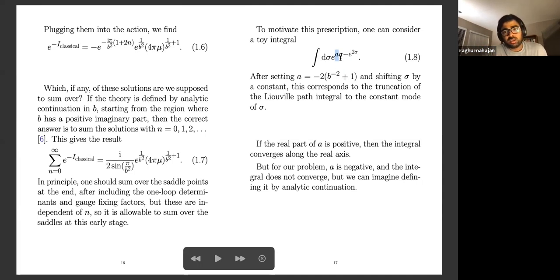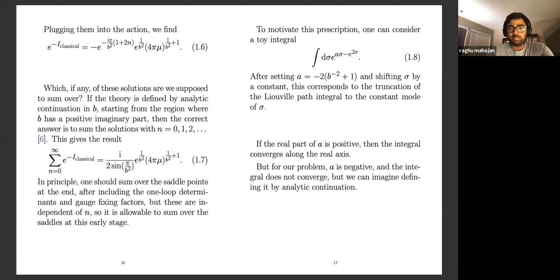So this integral, you actually don't define it on the real axis. You can define it, but there will be some ambiguities in it. Strictly speaking, it's not well defined. This is a well-known problem in the minimal string literature. All the partition functions that you compute have ambiguities that are analytic in mu.